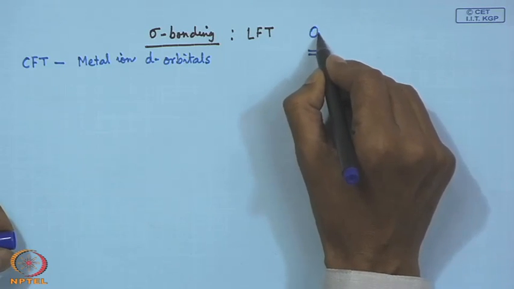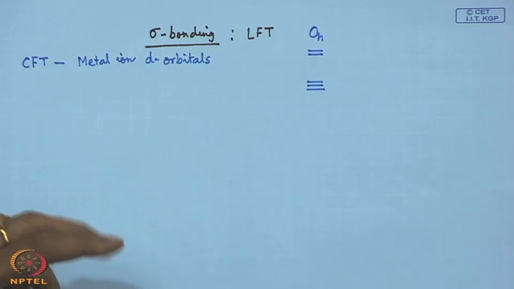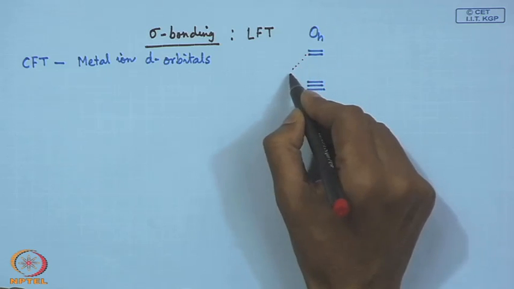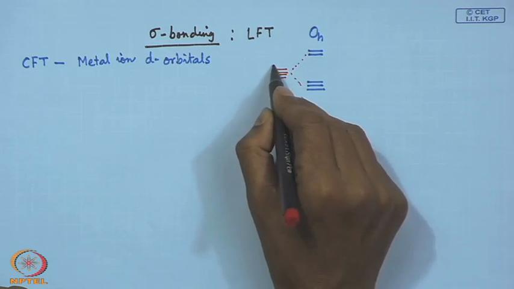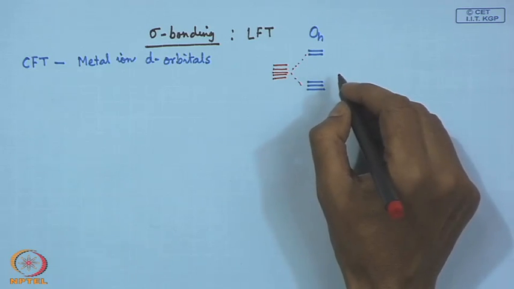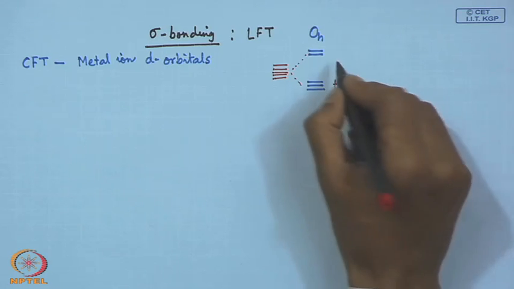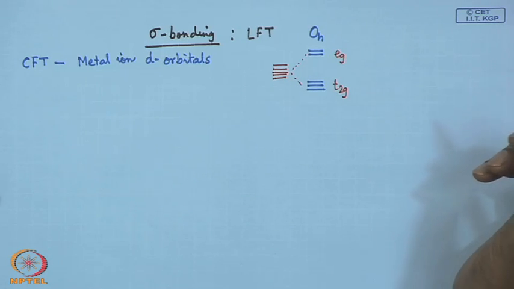If they are in an octahedral field, we can have the corresponding splitting of these orbitals, where the 5 orbitals in the pre-split condition go into 2 sets, one is Eg and the other is T2g.